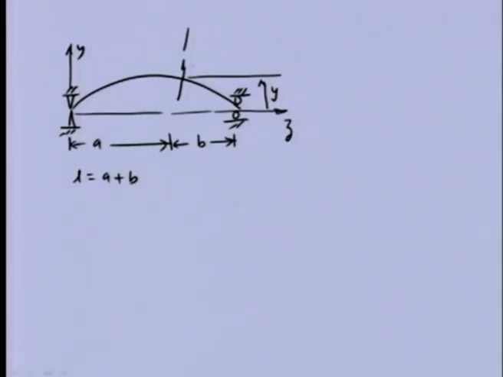This can be defined by this angle, phi x. In this plane we have two coordinates to define the position of the disc. One is the linear or translatory displacement y, and the other is the angular displacement phi x.